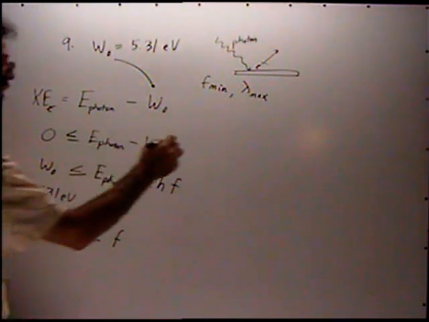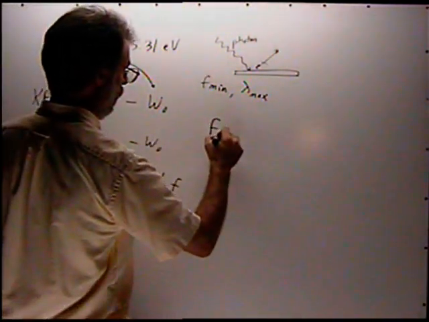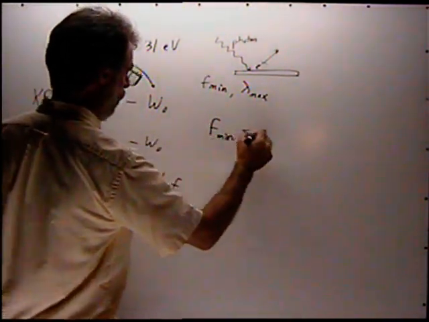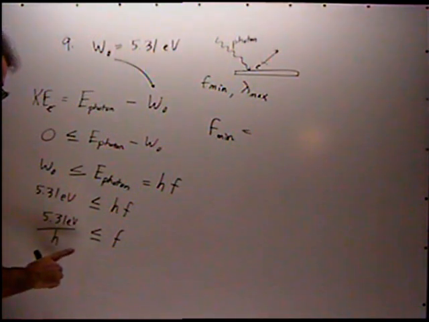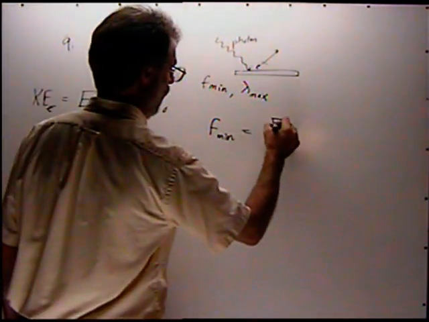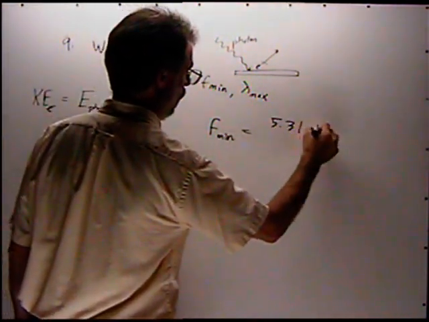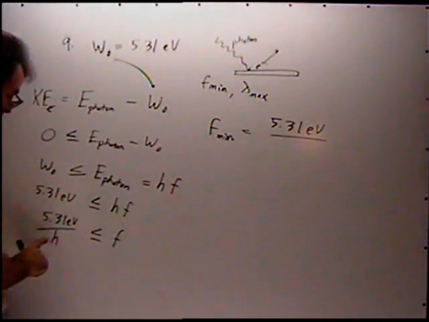Okay, so the minimum frequency will be wherein these are equal to each other. So it will be 5.31 divided by Planck's constant.